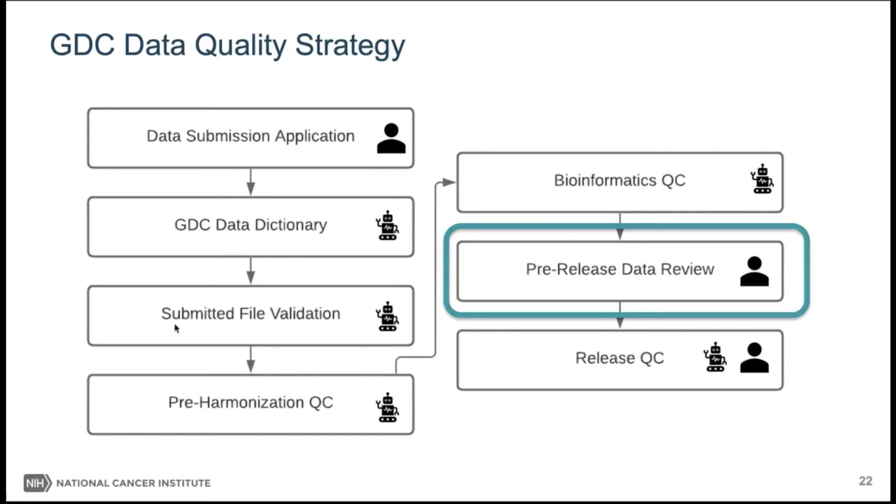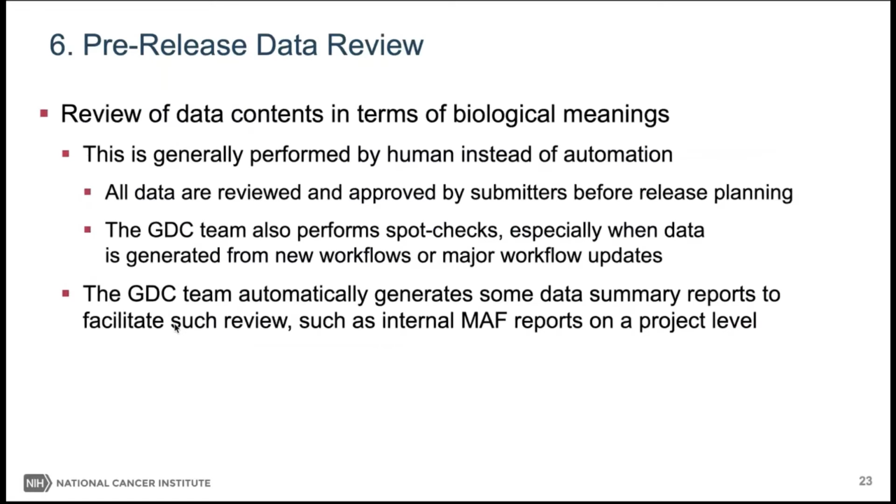Thank you, Bill. So once the data passes bioinformatics QC checks, the data is ready for release. The next step in the data quality strategy is pre-release data review. Pre-release data review is done by submitters to ensure data content in terms of biological meaning, and submitter approval is sought for the release planning.